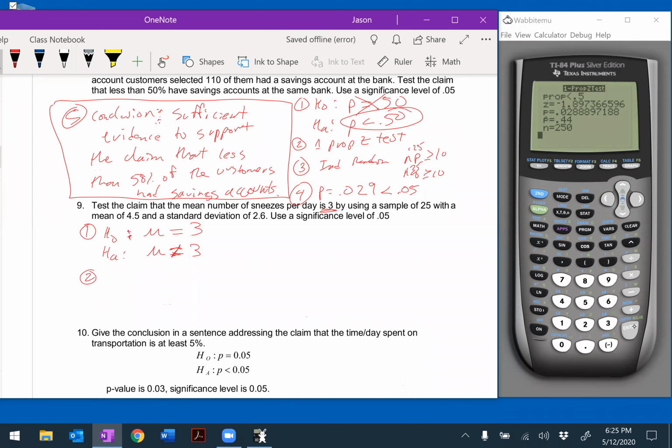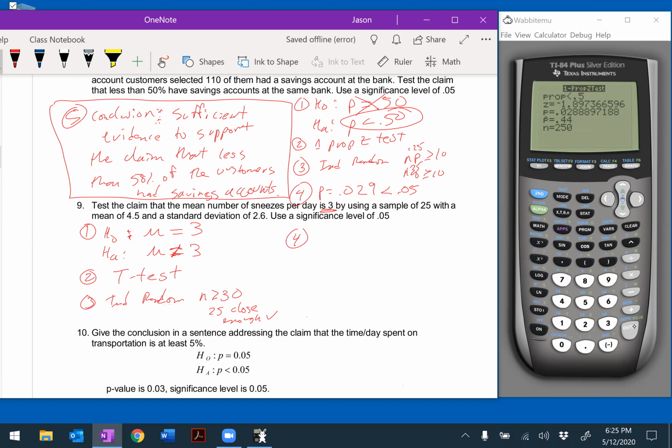What type of test is this? This is going to be a t-test, because it's mean. Number 3, is it independent, random, and is n greater than or equal to 30? We're going to say that 25 is close enough, and so we're okay there.